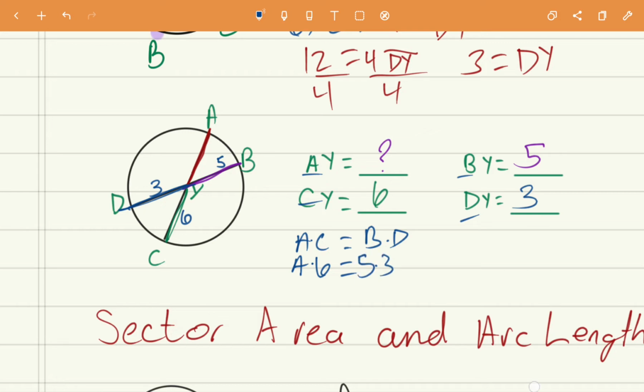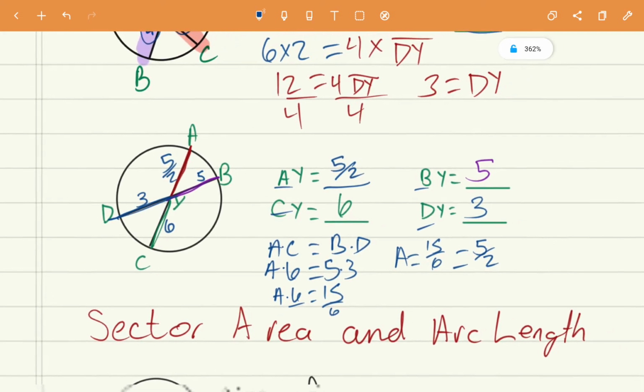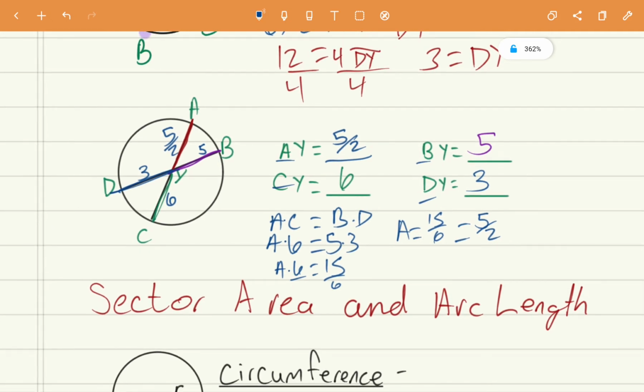D is 3. We have A times 6 equals 15. Divide both sides by 6. We have A equals 15 sixths, which is equal to 5 halves. So segment AY is 5 halves. And that is how we find our segments in the chords of our circle.